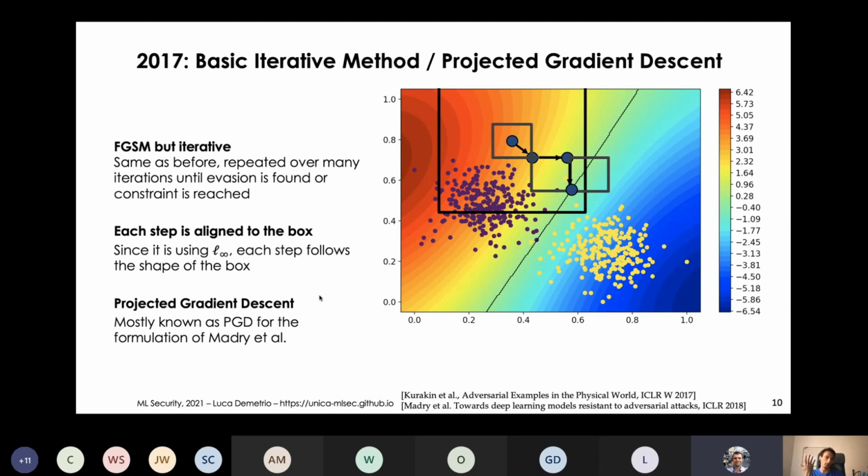And PGD became the state-of-the-art attack for testing adversarial attacks on models. So if you look at the paper, you're going to find PGD instead of BIM, which is the original one. But the concept is exactly the same. They took the infinity norm, and at each step they project the updated sample onto the box centered on the point you're looking at, and you keep repeating until you find an adversarial example.